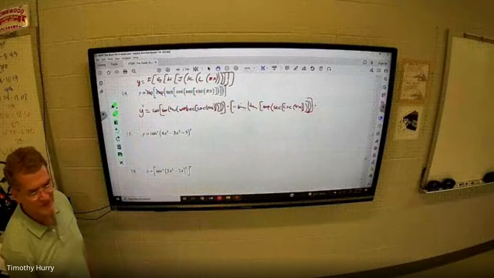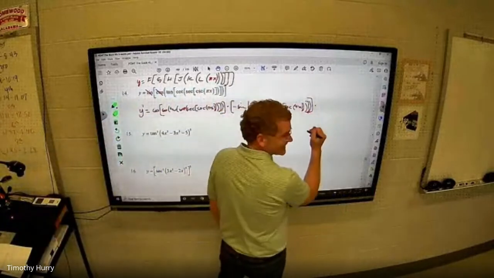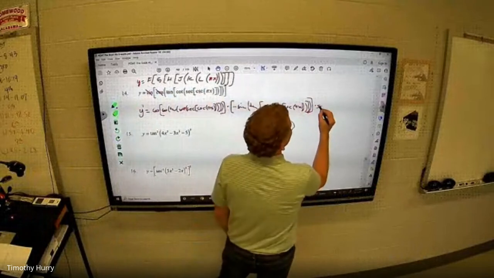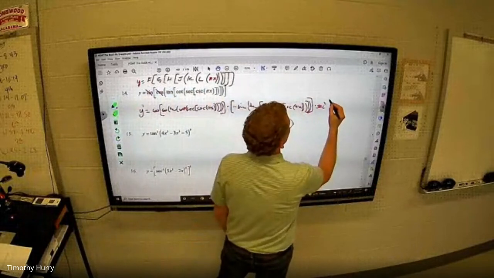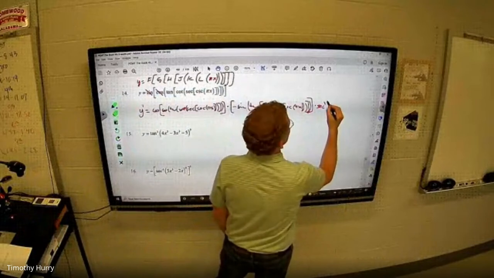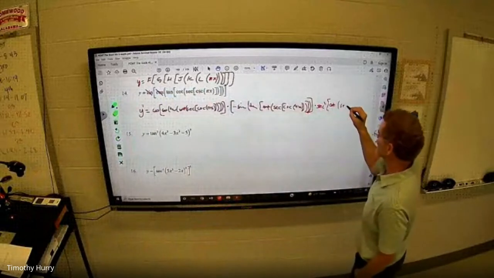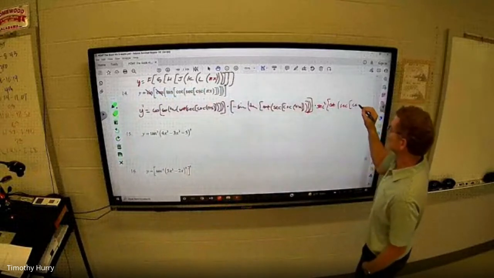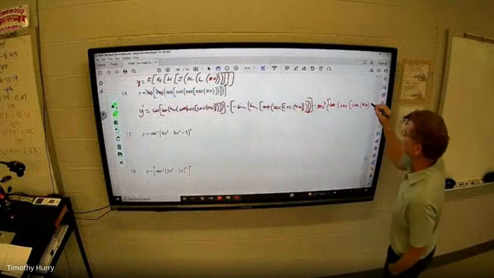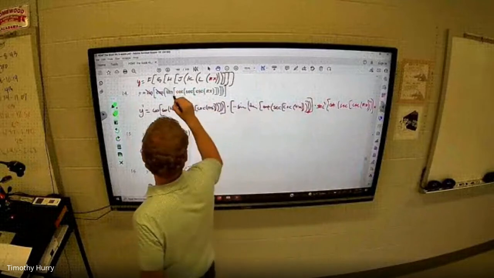What's the derivative of tangent? Secant squared of cotangent of secant of cosecant of pi x, times, and that takes care of the tangent.